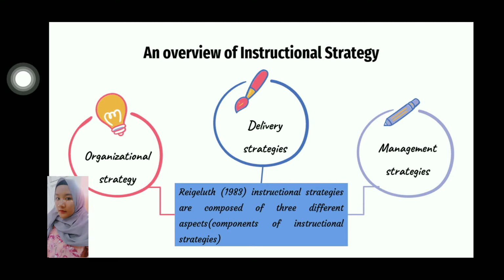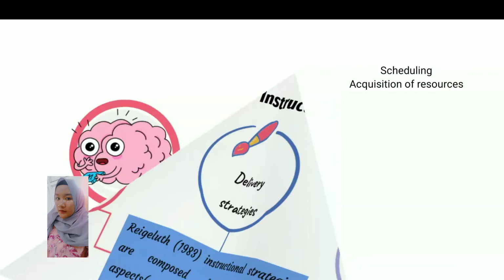Management strategies characteristics include the scheduling and allocation of resources to implement the instruction that is organized and delivered as planned within the previous two strategy aspects. It includes the scheduling and acquisition of resources.